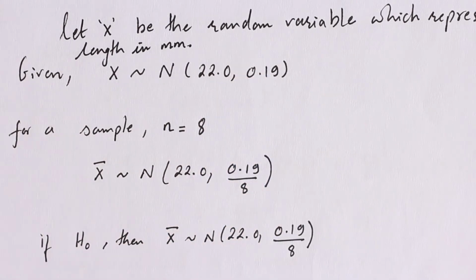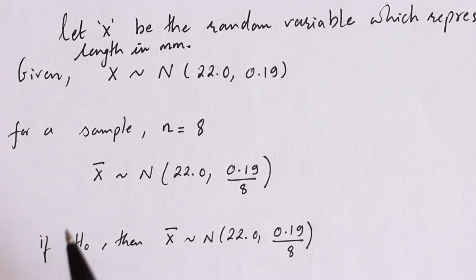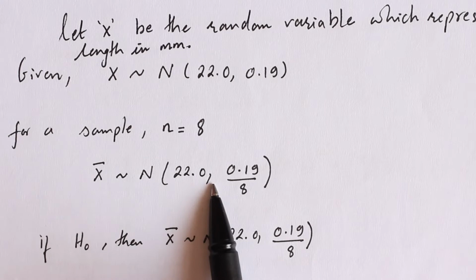Now we also know that there are 8 samples taken. If you're finding the distribution of the sample mean, the mean remains the same.